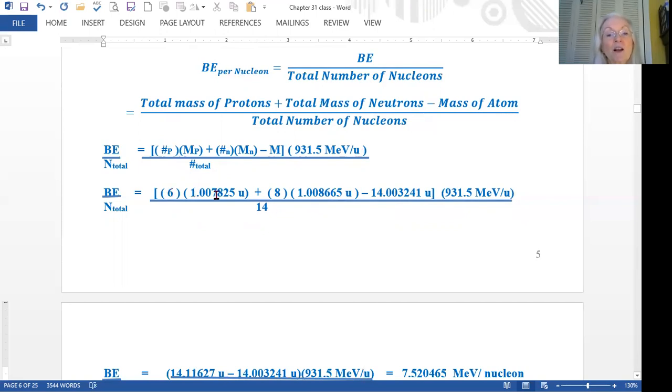So 6 protons times the mass of one proton plus 8 neutrons times the mass of one neutron minus the mass of the carbon-14. And that has to all be done and then multiplied by 931.5. And then it's divided by 14 because it's carbon-14.